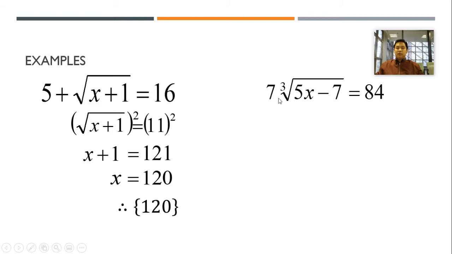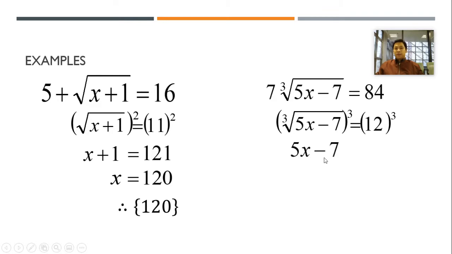Since the operation is multiplication, 7 times the cube root, we get rid of that by dividing 84 by 7. And from here, we can take the cube of the equation so as to get rid of the cube root, allowing us to get 5x minus 7 equals the cube of 12, 1728.